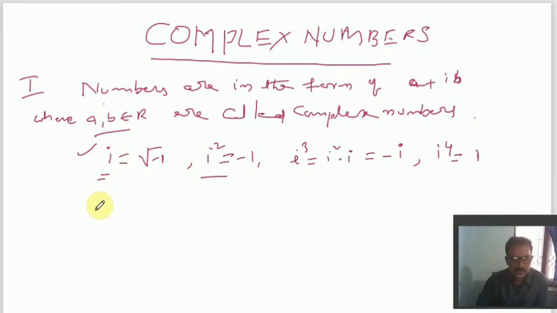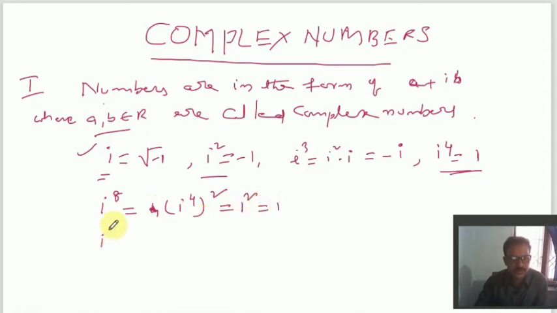If you continue this process, i power 4 is equal to 1, that is i square into i square, which is minus 1 into minus 1, plus 1. Similarly, i power 8 is i power 4 whole square; i power 4 is already 1, so 1 square is equal to 1.